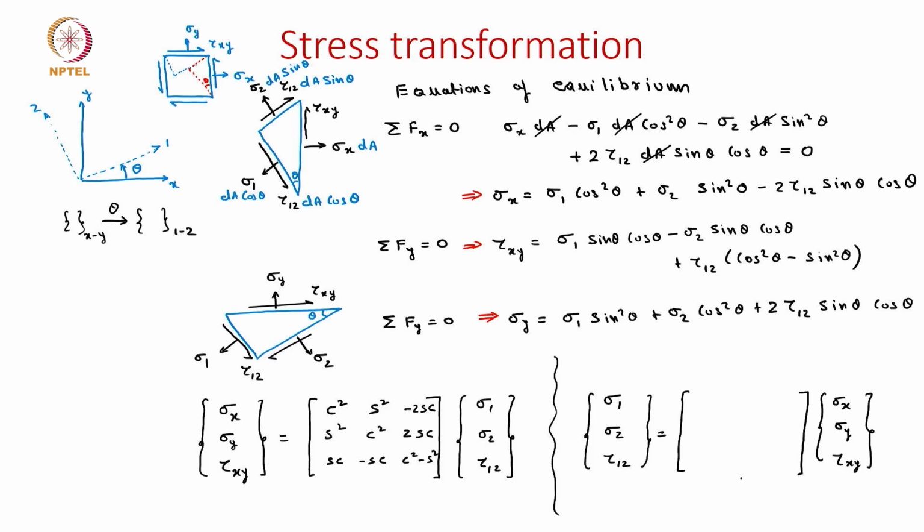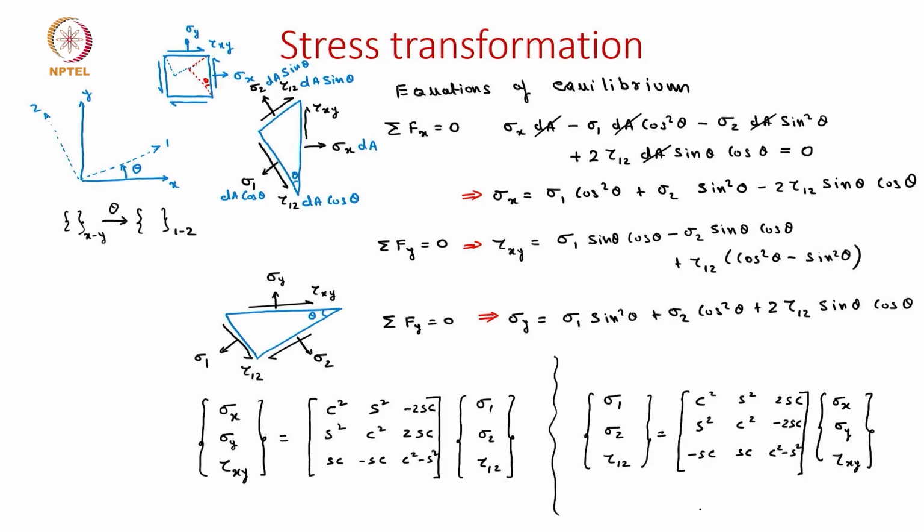We simply need to inverse this original matrix we have here. So, that turns out to be cos square, sin square, 2 sin cos and sin square theta, cos square theta, minus 2 sin theta cos theta times minus sin theta cos theta and plus sin theta cos theta, and lastly cos square theta minus sin square theta.